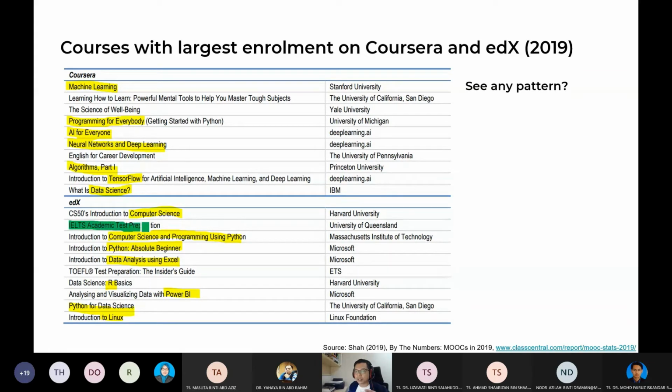And then another one is related to standardized testing. IELTS, I think you're familiar with this. IELTS is a standardized test for university admission, for example. TOEFL is another one.